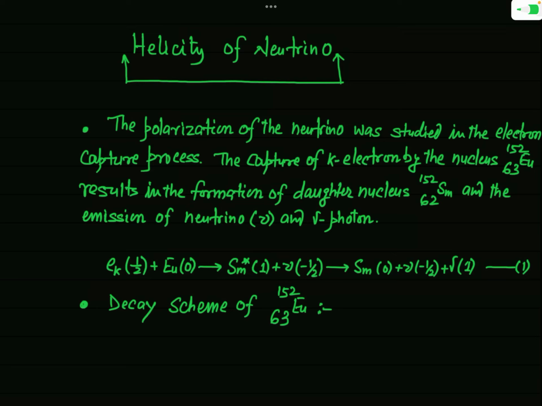In fact, in 1958, three scientists were able to study the polarization of the neutrino emitted in an electron capture process. So the problem of helicity which we will discuss today is completely based on the concept of the electron capture process in which a neutrino is emitted.